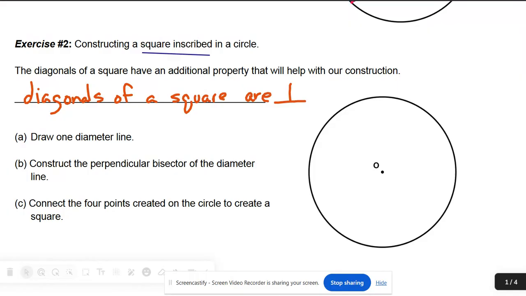So we can start by simply drawing a diameter line. This one's a little nicer because I gave you the center of the circle. But for our second line, we can't just draw any old line. That'll just create a rectangle. We want it to be a square. So we're going to have to construct the perpendicular bisector of that line so it crosses at 90 degrees.